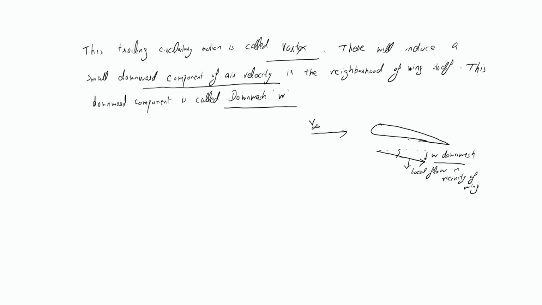Alright, and this angle is known as the induced angle of attack. So because of this induced angle of attack, your actual angle of attack has been reduced. Hence, we can say for a 3D wing, the first effect is that alpha is effectively reduced.